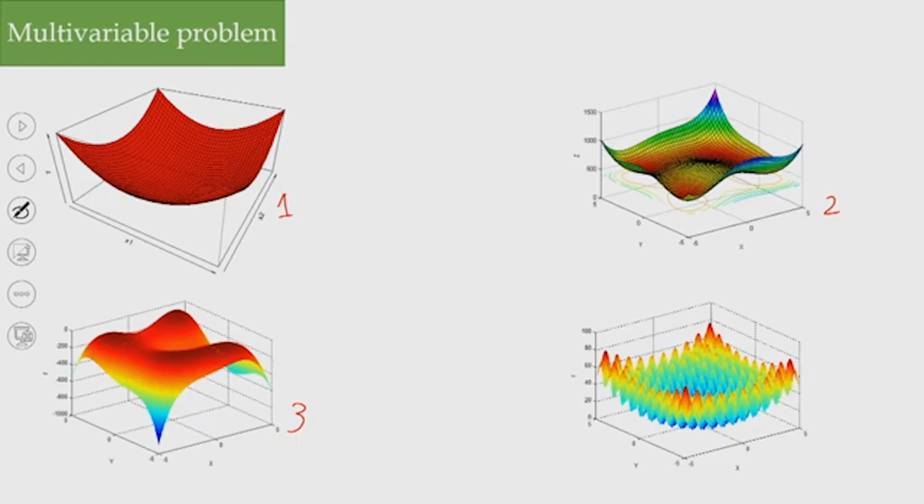Now, for whatever line search methods we discuss, we will assume that the problem is of this kind, that means the function is convex. For the convex function, we will apply the line search technique here. We will discuss a few line search techniques and how we solve this problem.